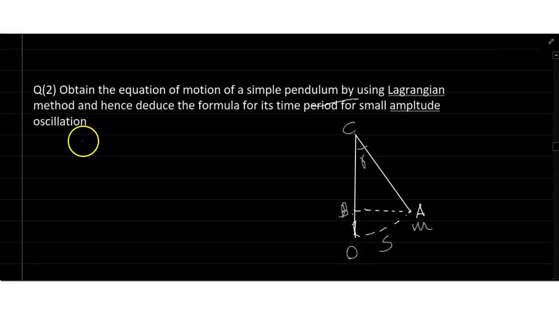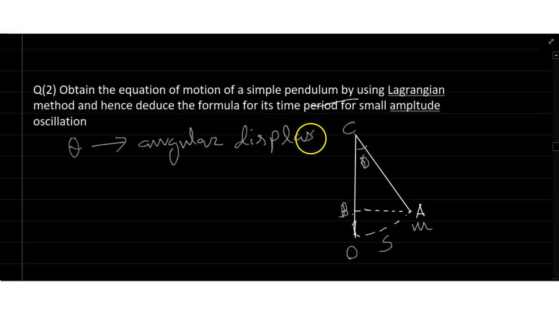So let theta be the angular displacement, and L the effective length.